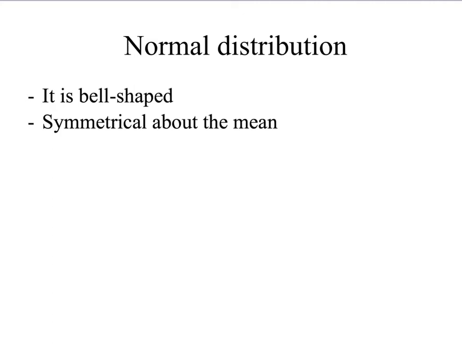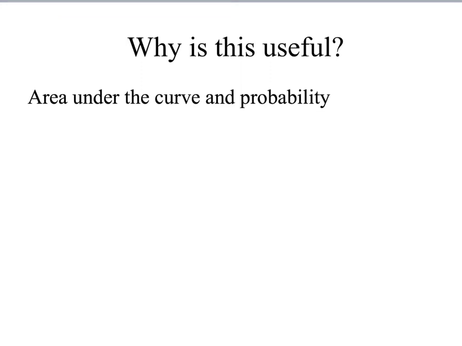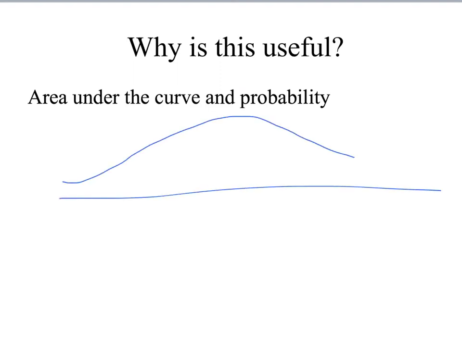If this is our normal distribution, the x-bar cuts it in half, so it's 50% to the left and 50% to the right of the data.